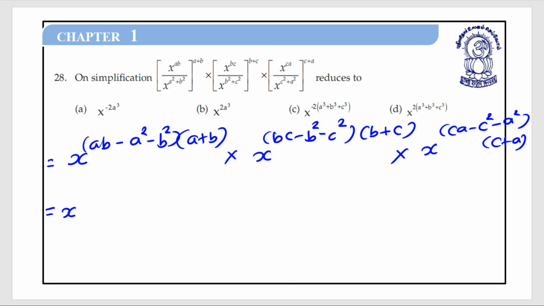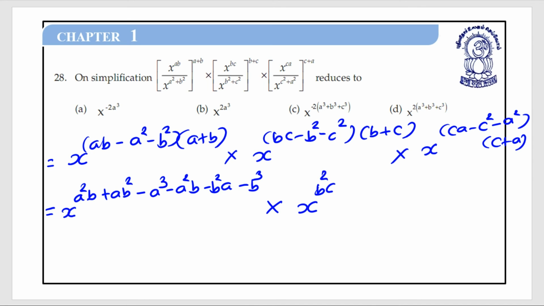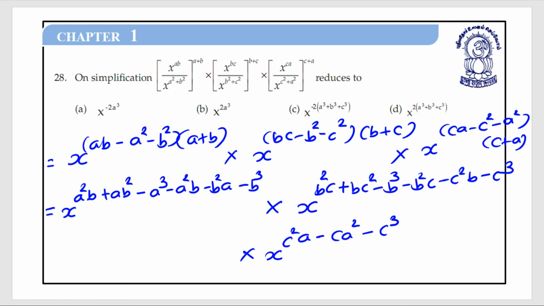So x raised to ab into a plus b, ab into b plus ab square minus a cube minus a square b minus b square a minus b cube, into x raised to b square c plus bc square minus b cube minus b square c minus c square b minus c cube, into x raised to c square a plus ca square minus c cube plus ac square minus a square c minus a cube.